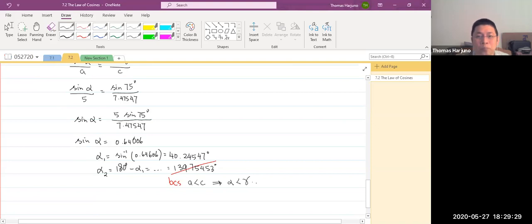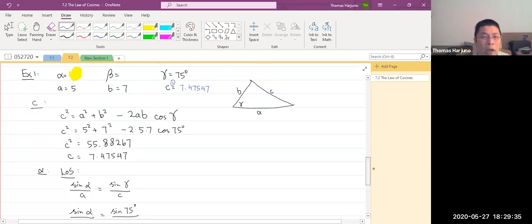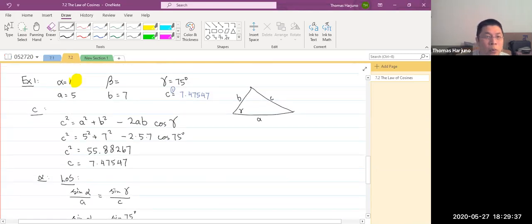That's why I cancel that. So I have, let me use blue color, for step 2, this is 40.24547.